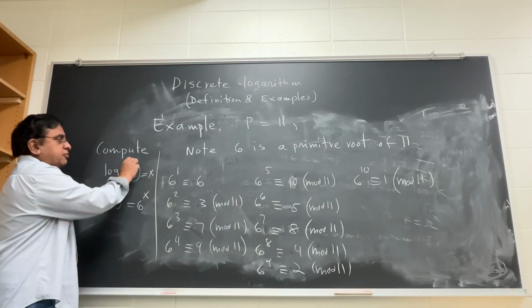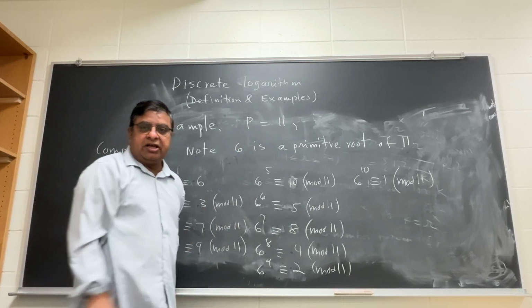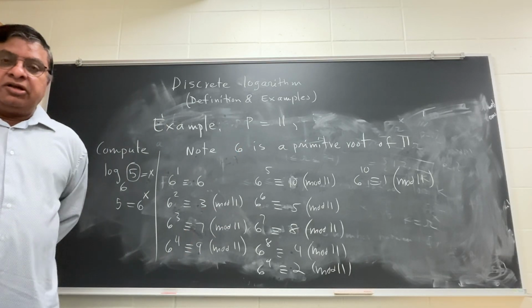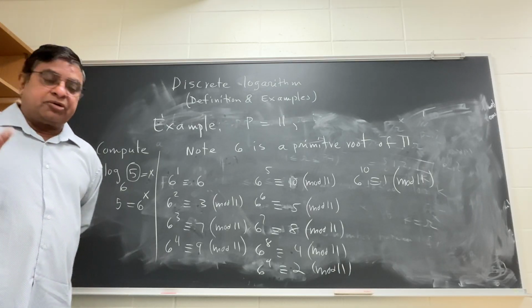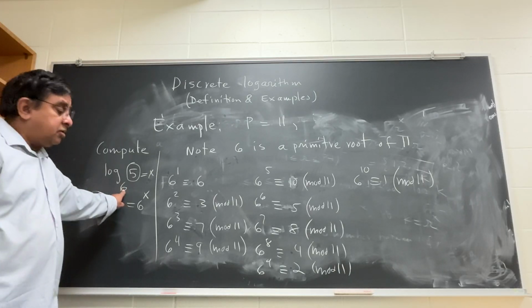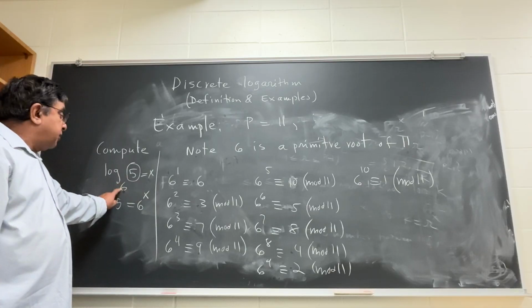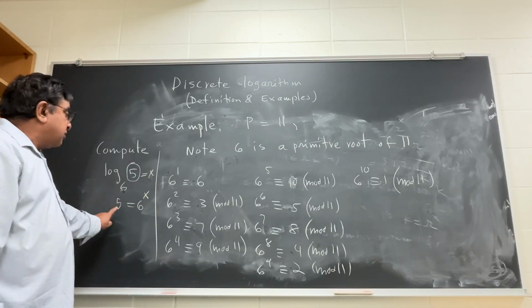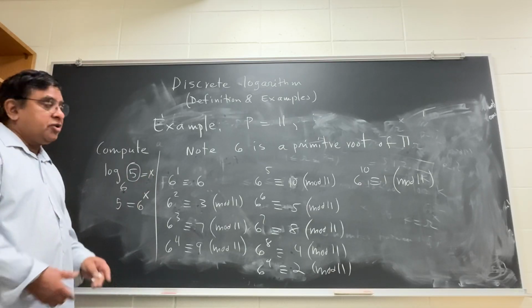First of all, this 5 must be in between 1 and 10. Then only we could talk about the discrete log for that number. And the base is 6. So log 5 to base 6 is x. So 5 is 6 to the power of x.